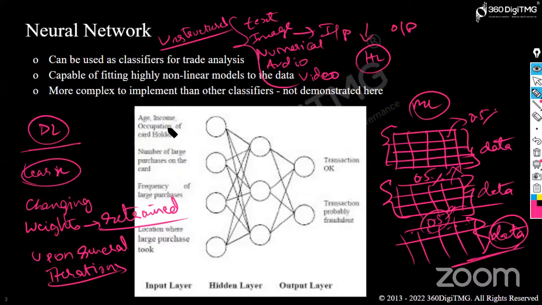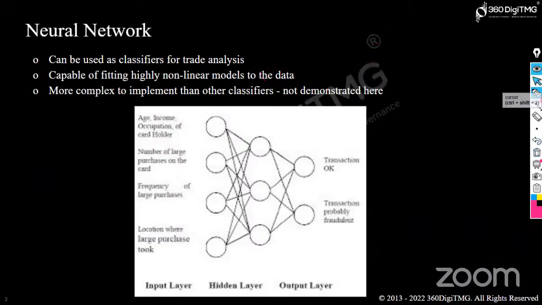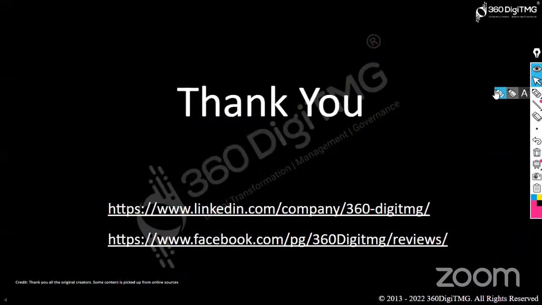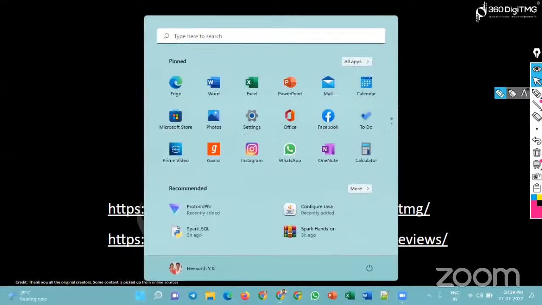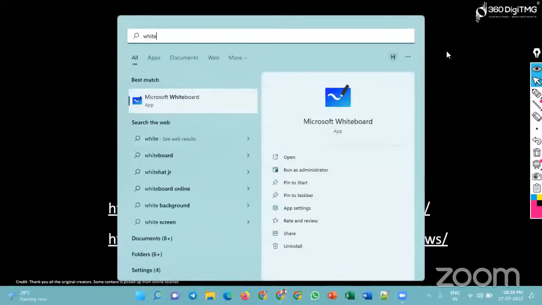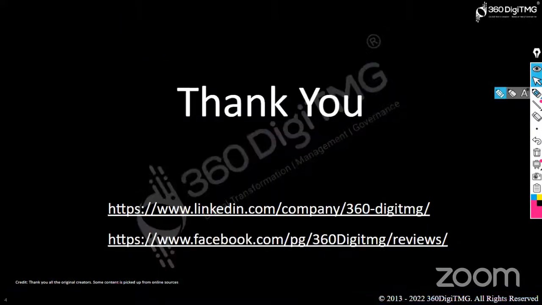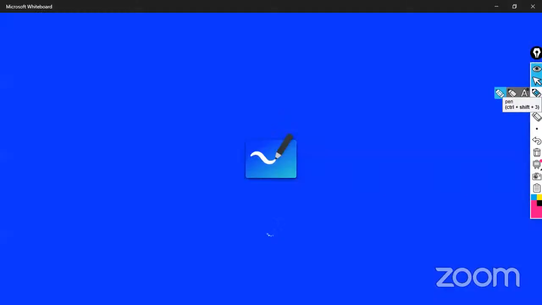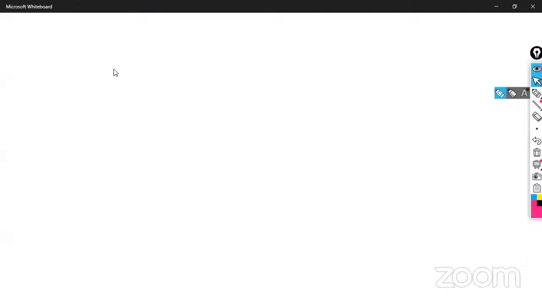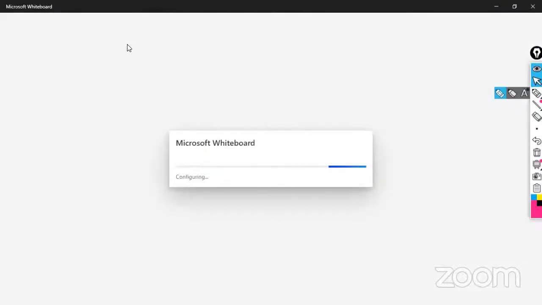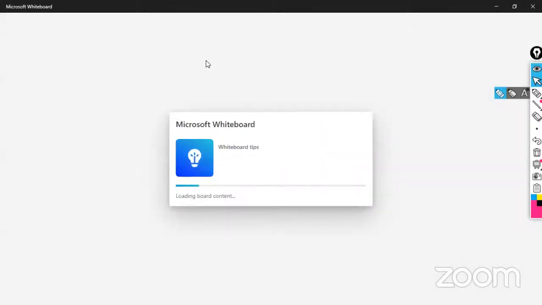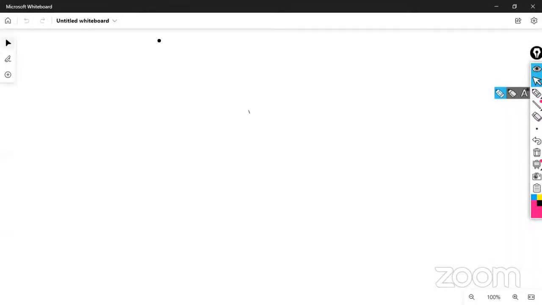Same thing, the particular network is also getting trained and it is going to learn from that. So let me take a whiteboard so that I can explain what a neural network consists of.